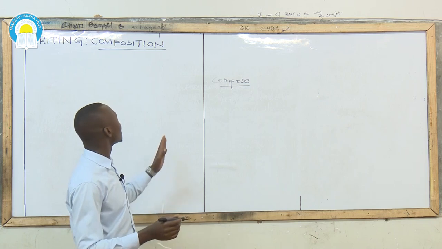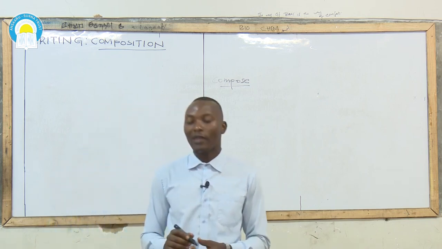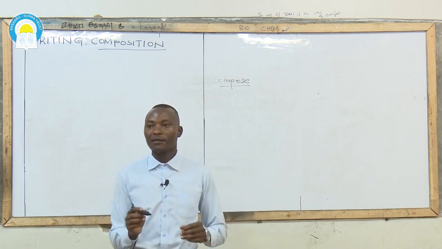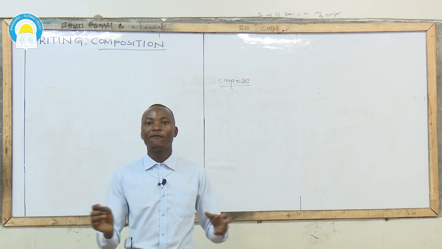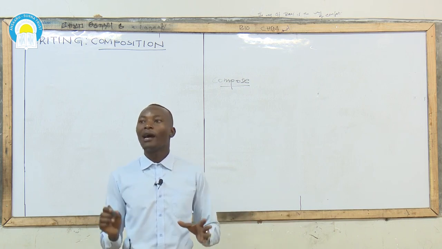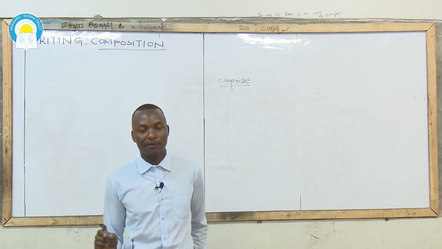Now, when we talk about composition writing, we refer to the art of composing different ideas in order to come up with a certain discrete and sensible information.